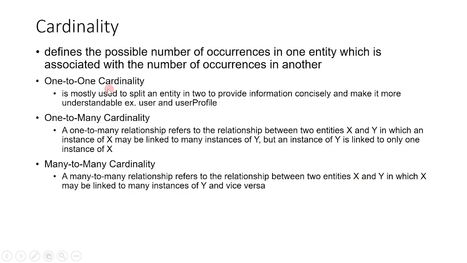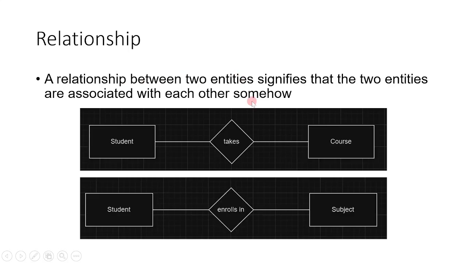Next we have what we call cardinality. Okay, so it defines the possible number of occurrences in one entity which is associated with the number of occurrences in another. And as I've said, in these entities, there exists a relationship between the two. Okay, and there is actually a cardinality on their relationship.